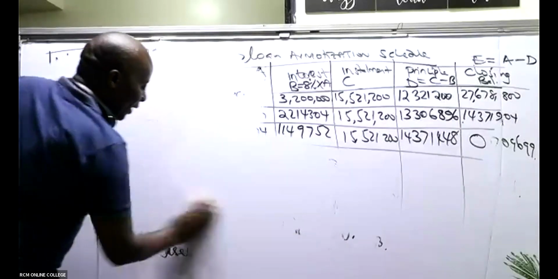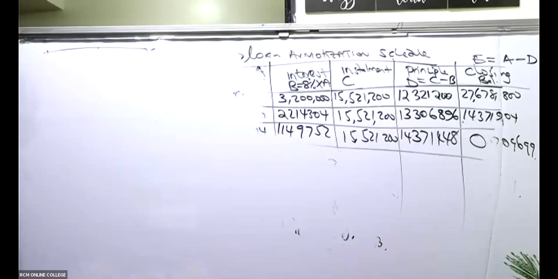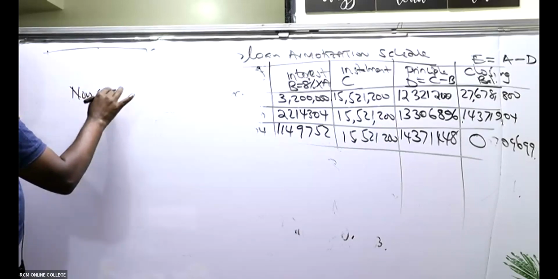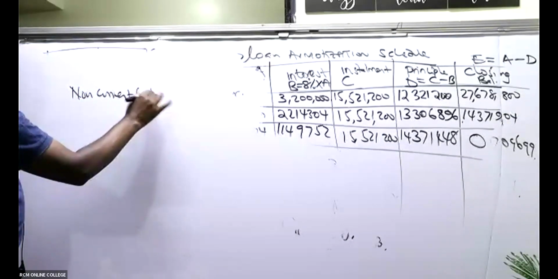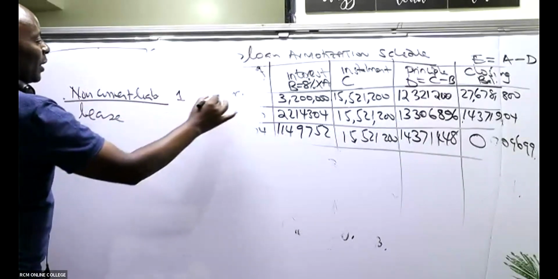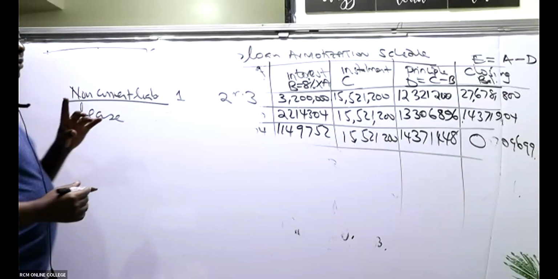And I'm only going to write the non-current liabilities and the current liabilities. So we have here non-current liabilities. So we start with lease. So you see, non-current means what?